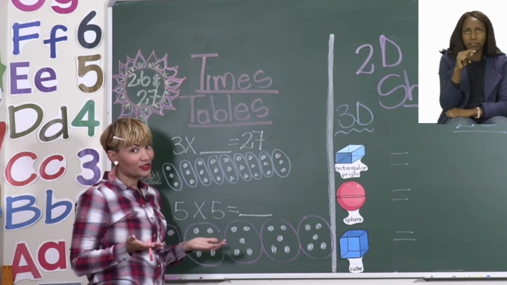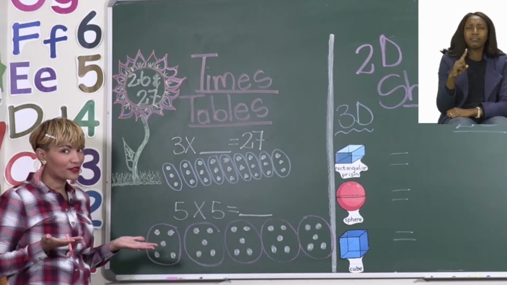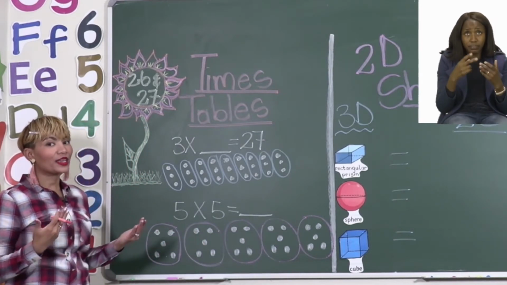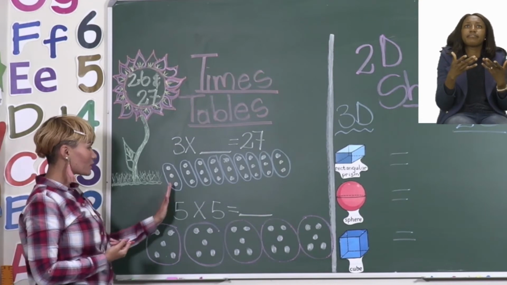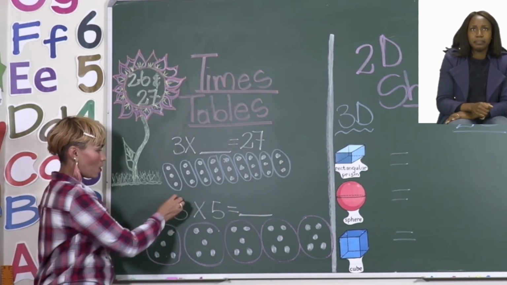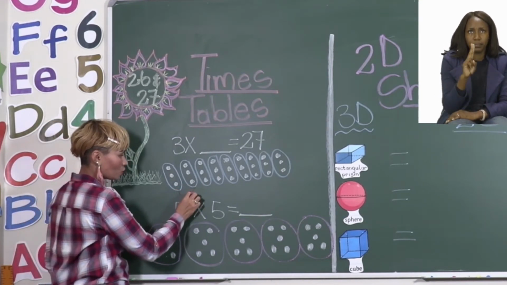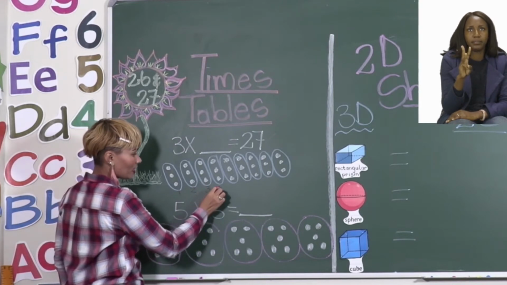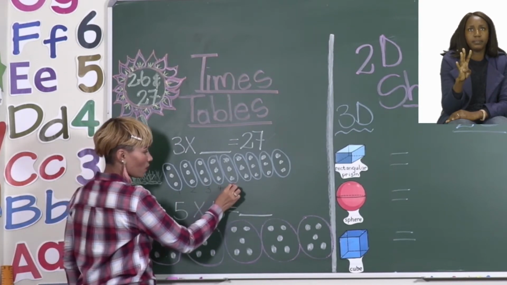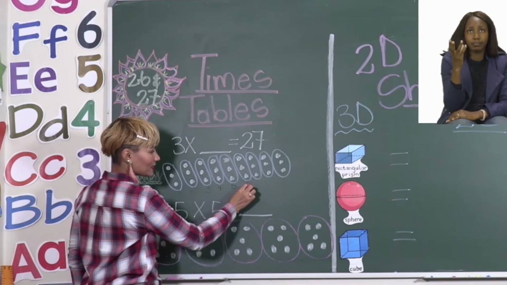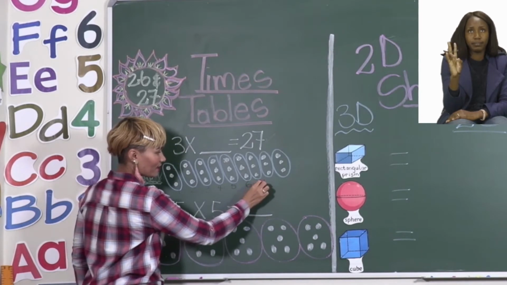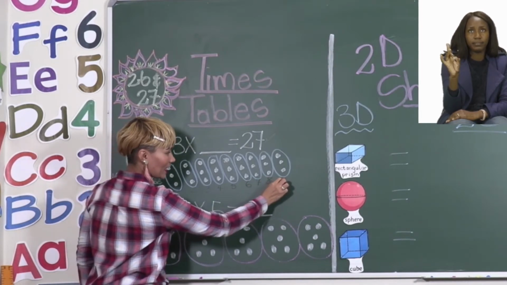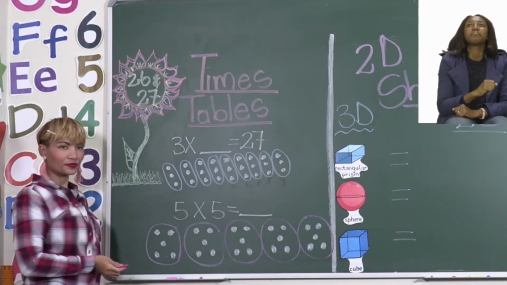But we still don't know how many groups we have. So let's see. How many times did we make groups of 3? 1, 2, 3, 4, 5, 6, 7, 8, 9.